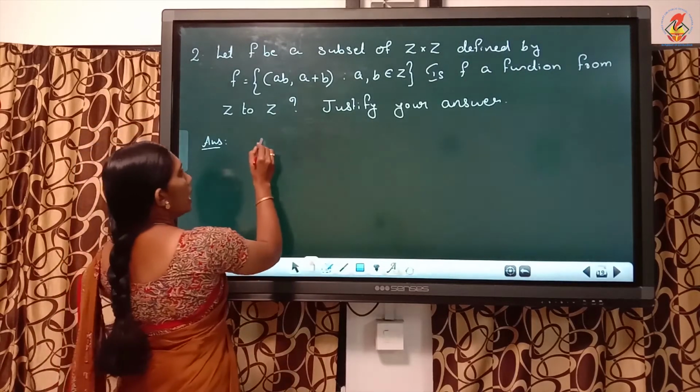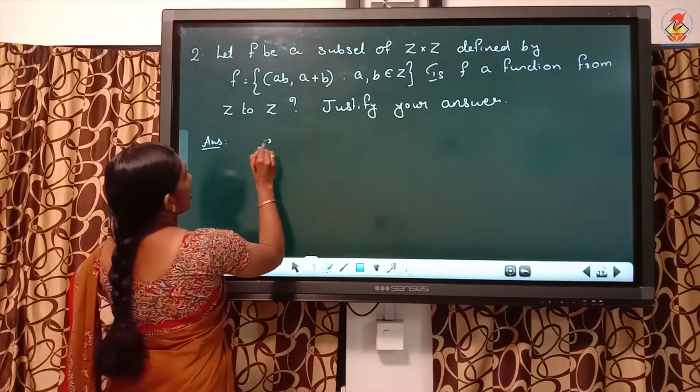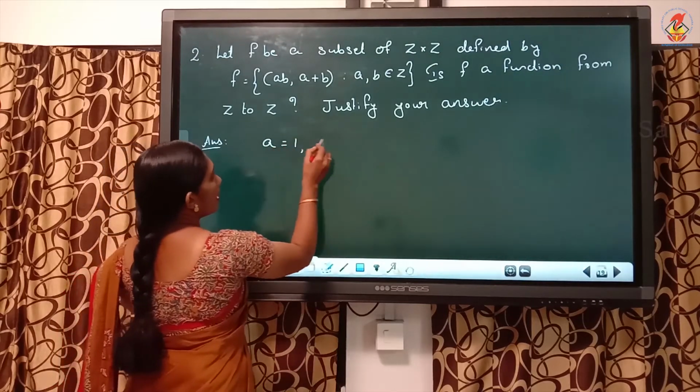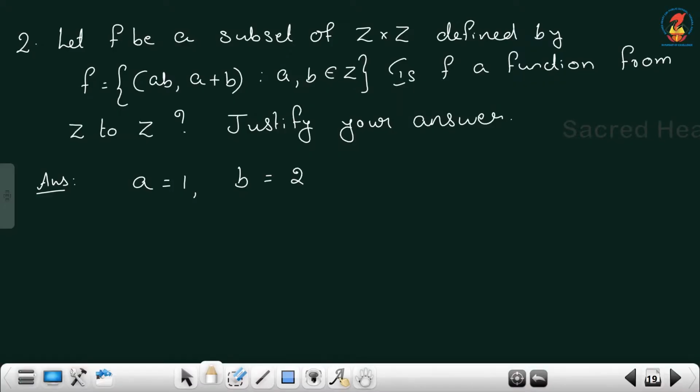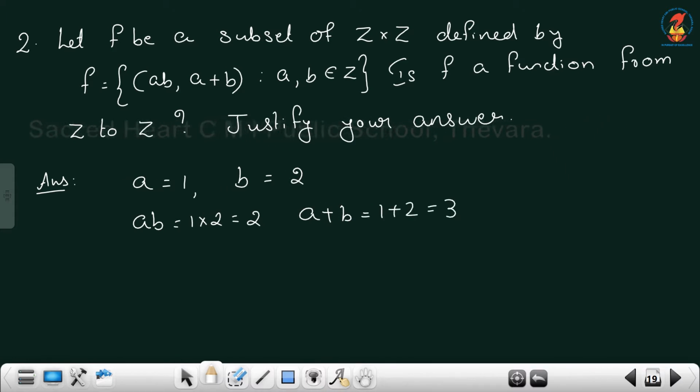So if a is equal to 1 and b is equal to 2, then what is ab? 1 into 2 is 2. And a + b is 1 + 2, which is equal to 3. So what is the first element? 2. So (2, 3) is an element of F.